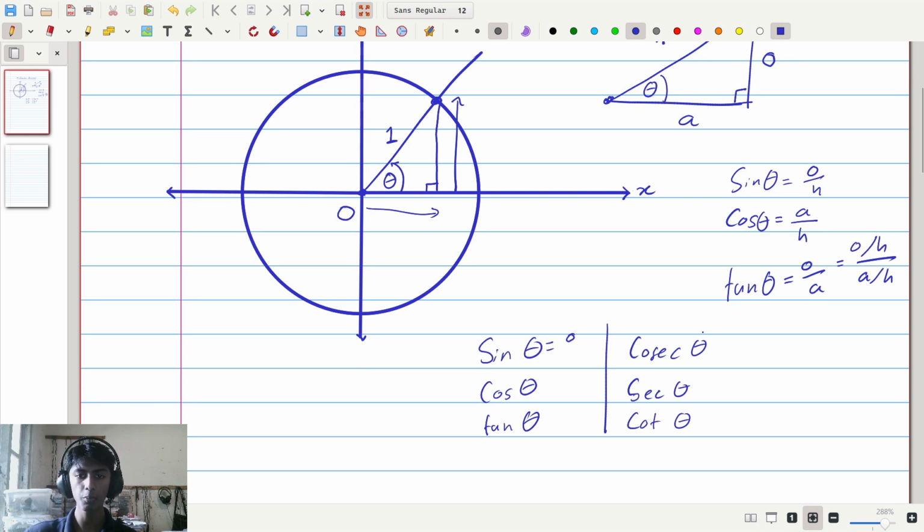Sine theta is opposite divided by hypotenuse, cos theta is adjacent divided by hypotenuse, and tan theta is opposite divided by adjacent. These other three that these people talk about are cosec, sec, and cot, which are hypotenuse divided by opposite, hypotenuse divided by adjacent, and adjacent divided by opposite. They are literally just the inverses of the others. 1 over sine is cosec, 1 over cos is sec, and 1 over tan is cot.